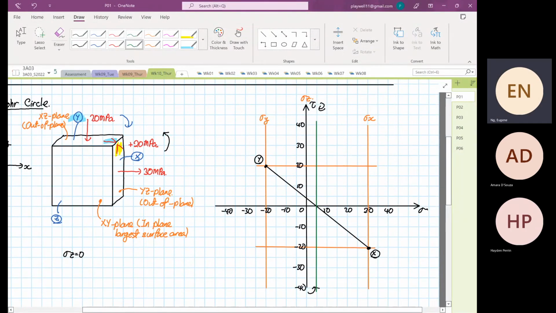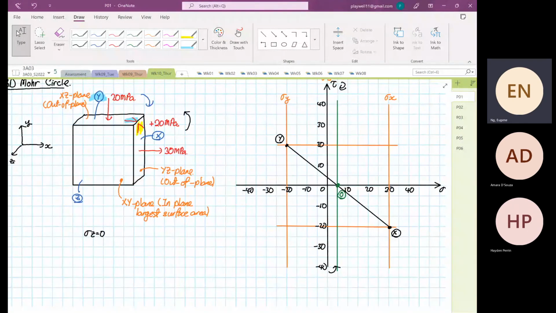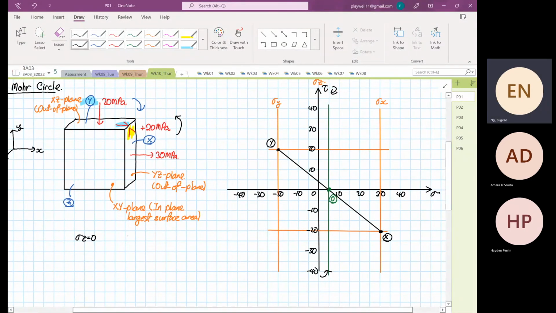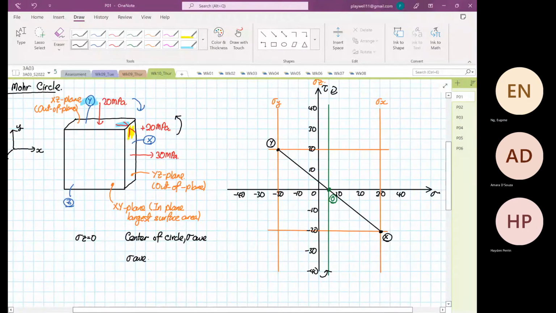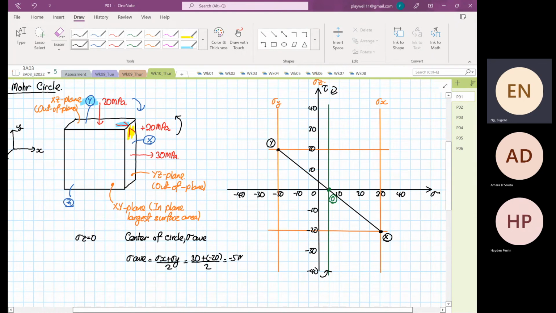We usually label this our point O. And we can use a very simple calculation to calculate the center of the circle, which is our average stress. Stress average is equal to stress X plus stress Y divided by 2. So stress X is 30 plus minus 20 divided by 2. That's where we get our 5 megapascal.